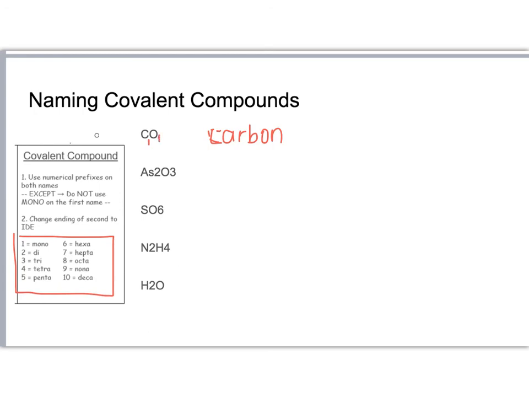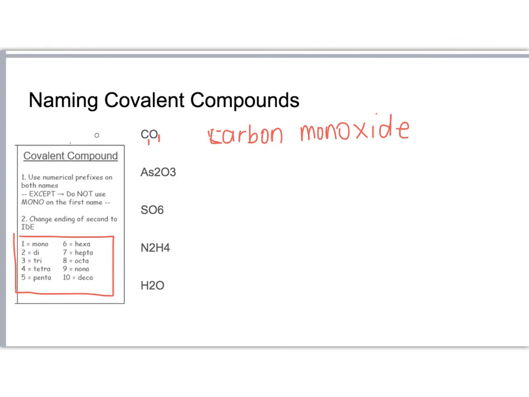The second element is going to have its ending, which is oxygen, changed to "ide," but we do use the prefix mono for 1. And instead of saying monooxide, we just drop one of the vowels and it becomes carbon monoxide.